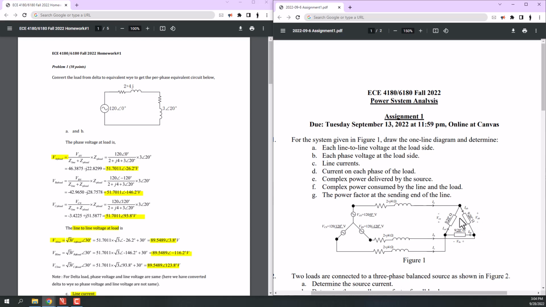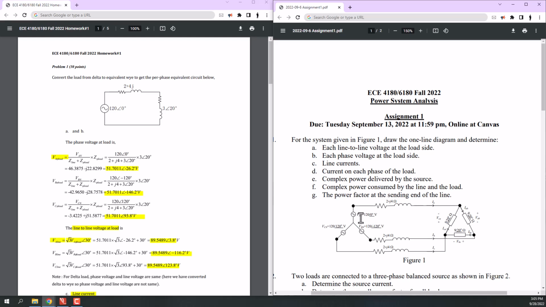For this sake, we can write 9 with the angle of 20 degrees divided by 3 to obtain the Y connected load value. As you can see here, we have shown that load with 3 with the angle of 20 degrees. And for the transmission line and the generation unit, we do not need to change anything.